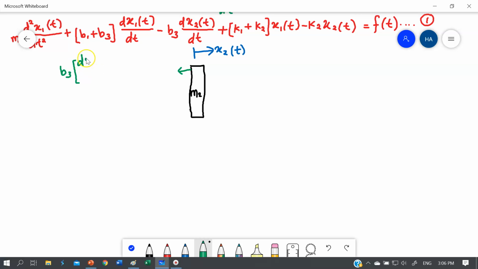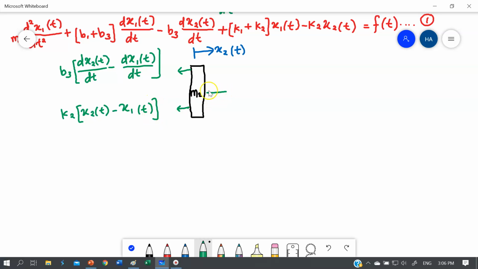So we have the x2t minus dx1 of t, and over here we have k2, which is x2 minus x1.